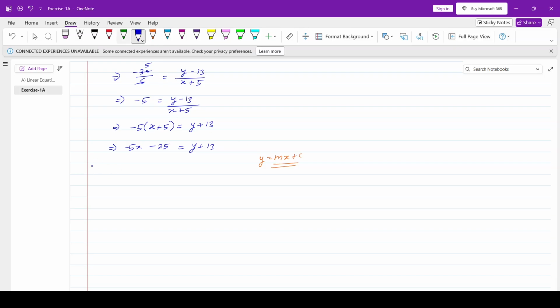We have to write the equation in this form. So we can take y on one side and take 13 on the other. So this will become minus 5x minus 25 plus 13, which is minus 12. So this is our answer. We have found the equation of the line in gradient intercept form.